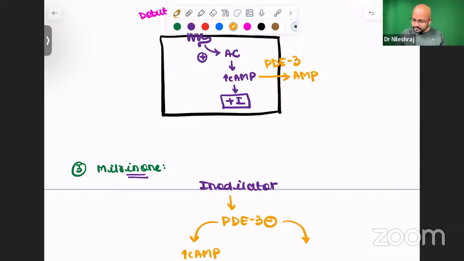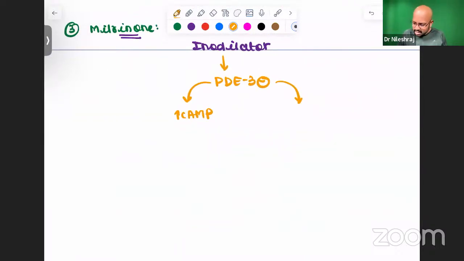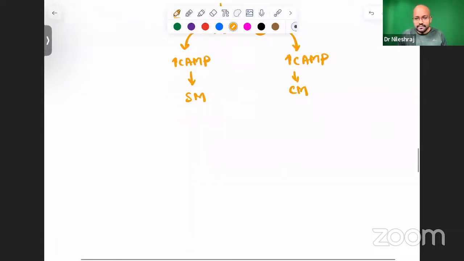Cyclic AMP will be broken down to AMP by phosphodiesterase 3 enzymes, and that is getting inhibited by these inodilators. So there will be increased cyclic AMP, in terms of vascular smooth muscles and also cardiac muscles.